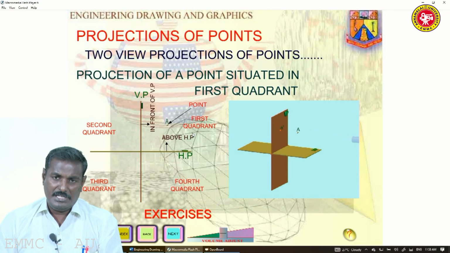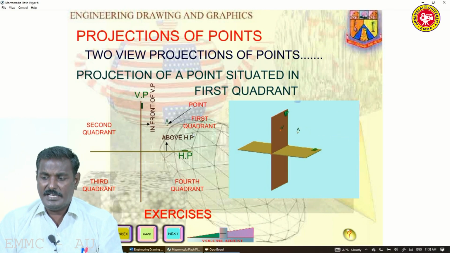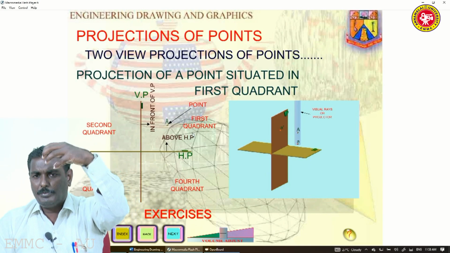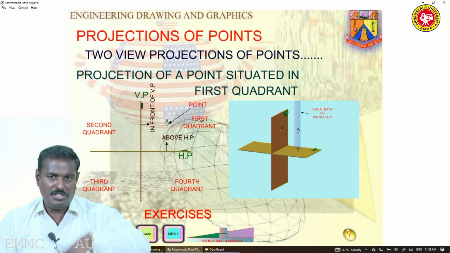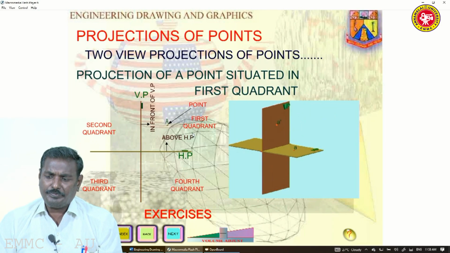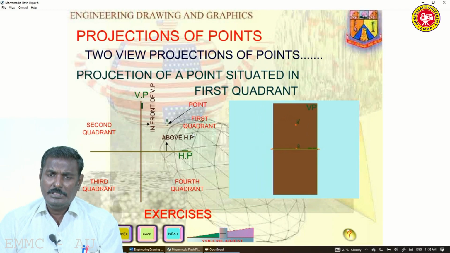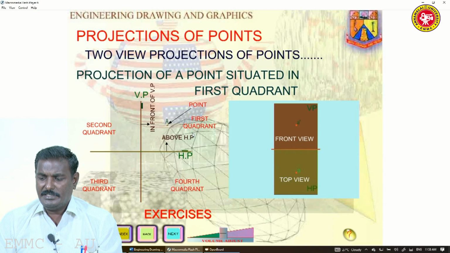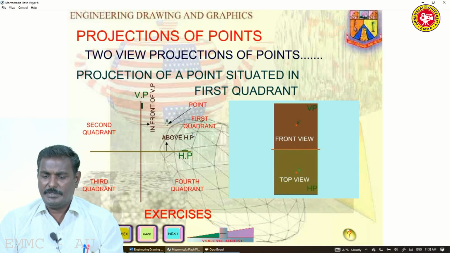That is A dash, because it is the elevation. Then from the top view, rays trace and project on the horizontal plane, then rotate 90°, so it comes down below XY. That is the plan view, lower case without dash, which gives us the projection.